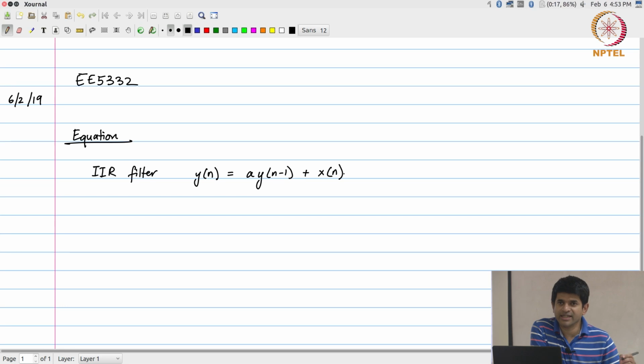So essentially all that it's saying is you have some input x of n, sampled data, you are generating some output y of n, and a delayed version of that output, y of n minus 1, is multiplied by some constant coefficient a and added to x of n, okay. So this is the equation that defines one particular example of an IIR filter, assuming that a is a constant, okay. The second example that we will look at is an FIR filter.